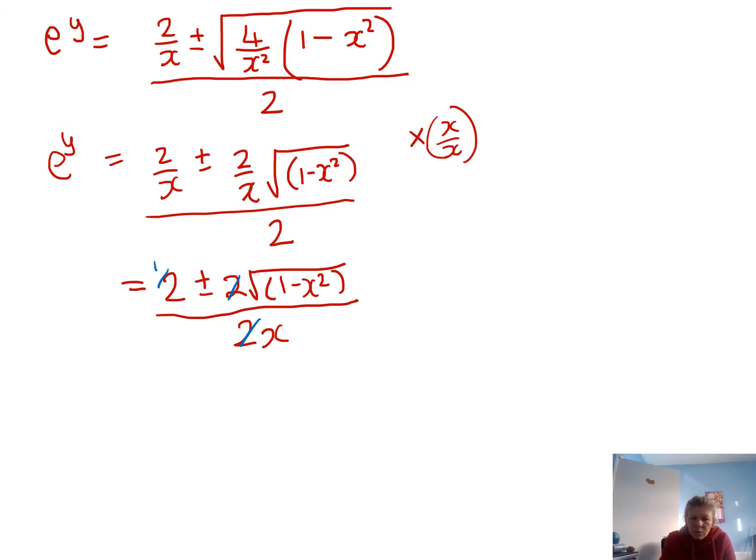So we end up with e to the y equals 1 plus or minus the square root of 1 minus x squared, over x, and when you log that you can get rid of the e, can't we?